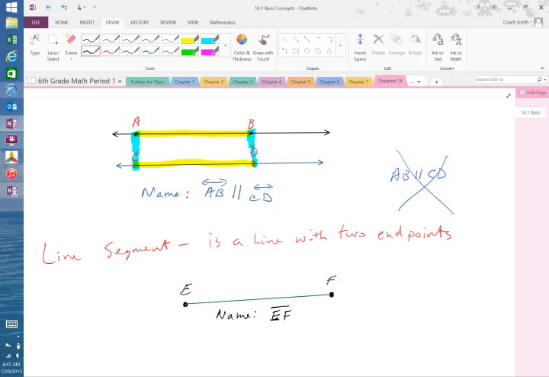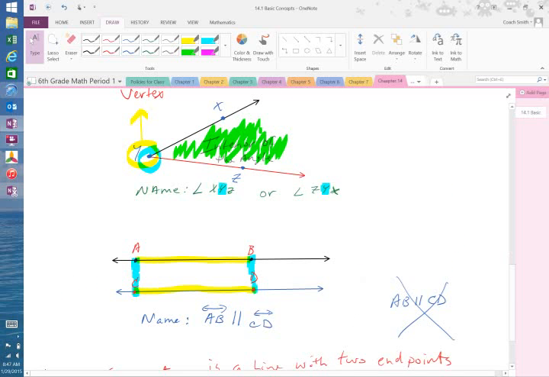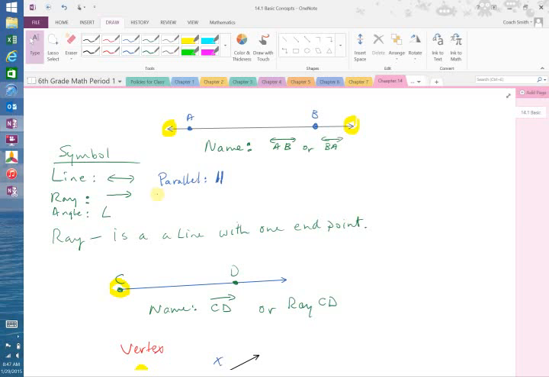Once again, you could also name it line segment FE. Either one would be acceptable. So the symbol for a line segment, let me go back up here to my symbol section, is just the line over the letters.